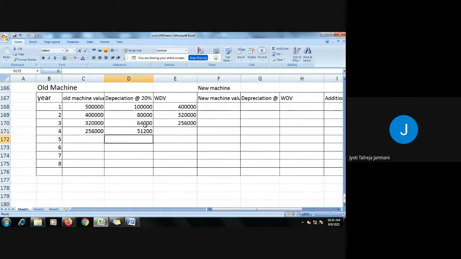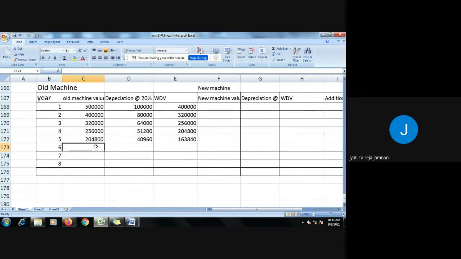We get it as 51,200. 2,56,000 minus 51,200, we'll get 2,04,800. On that, we'll find 20% depreciation. 40,960 we get. So 2,04,800 minus 40,960 is 1,63,840.